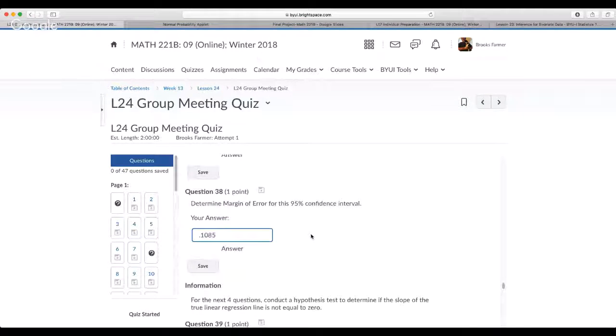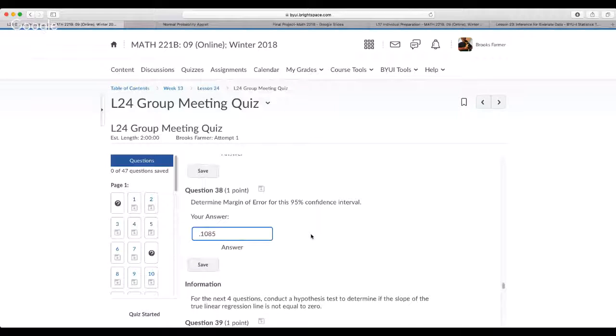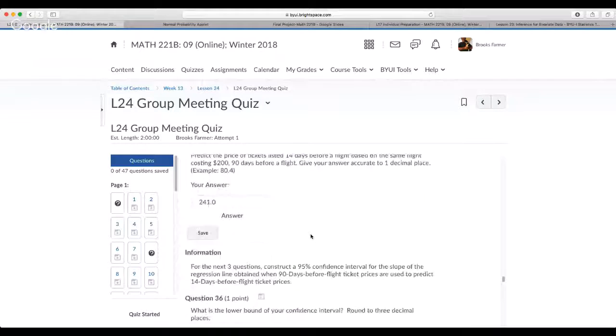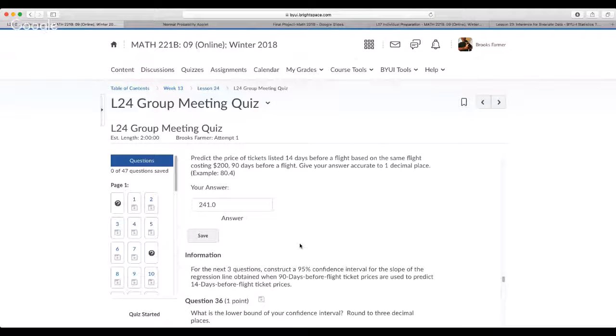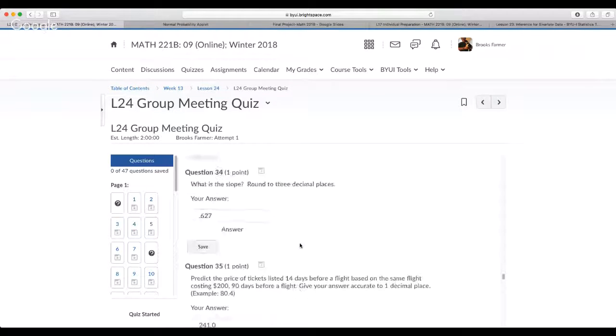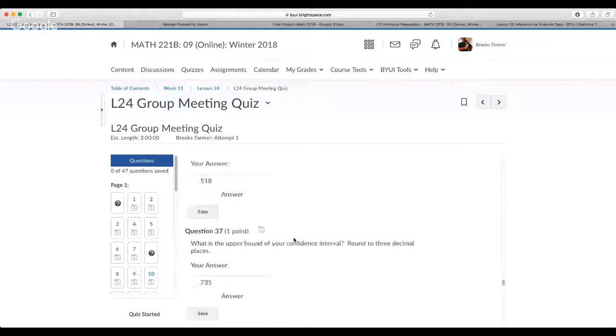And then what did you get on 35? 241.0. It rounded up. Okay. And the slope on 34 you just got 67. Yeah, so all this is pulled from my data. Okay. And I'm comfortable with my data, so I think that's okay.